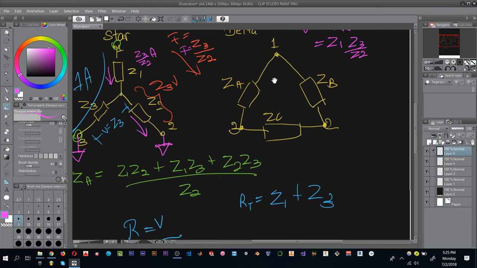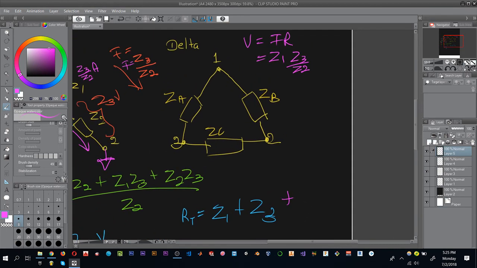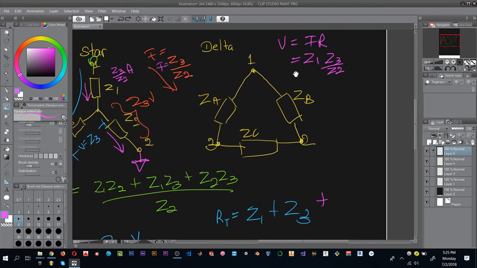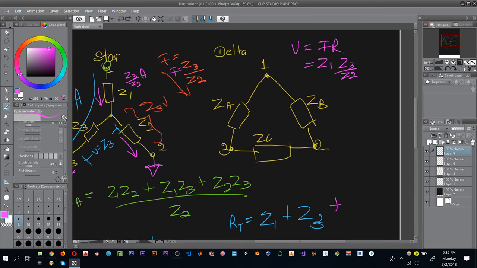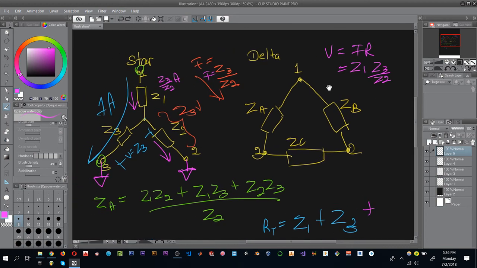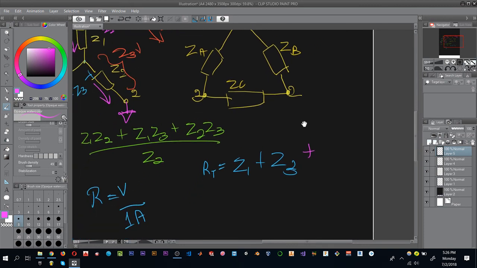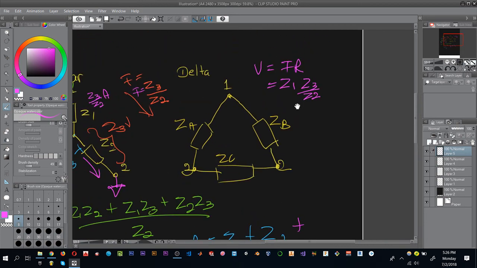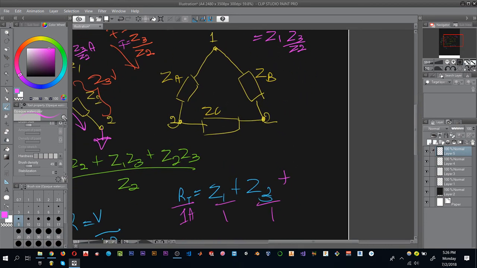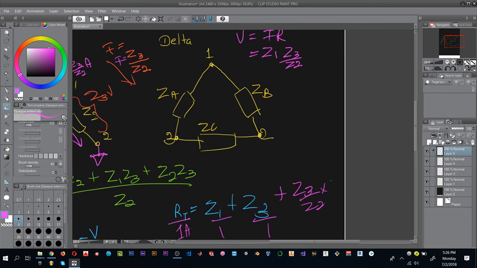The final equation becomes RT is equal to Z1 plus Z3 plus the voltage dropped due to the extra current. So we end up having Z3 upon Z2 times Z1.